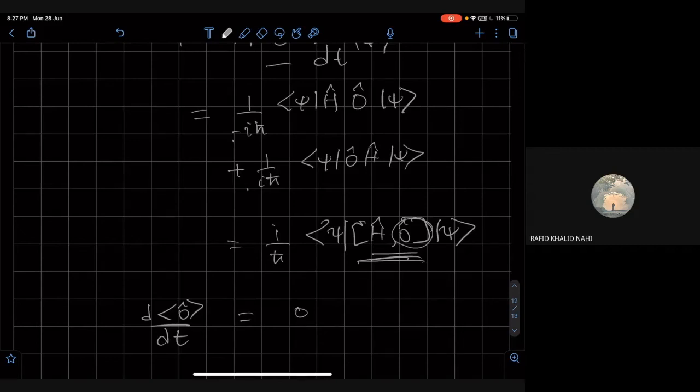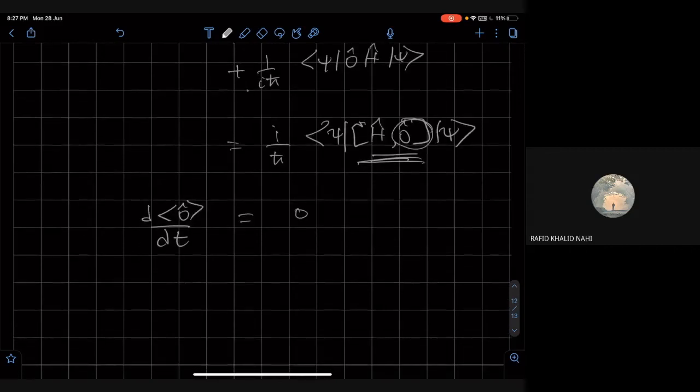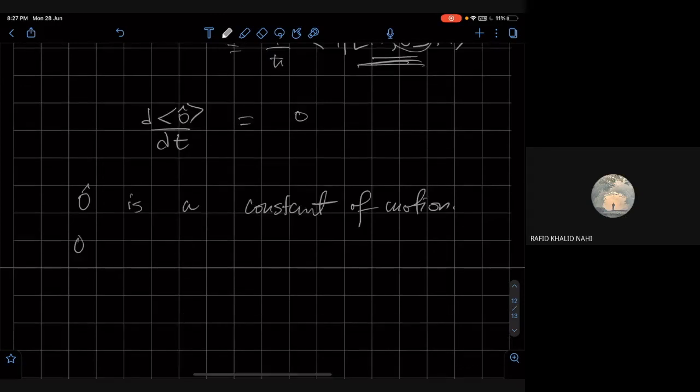That observable is what we call a constant of motion, or a conserved quantity.